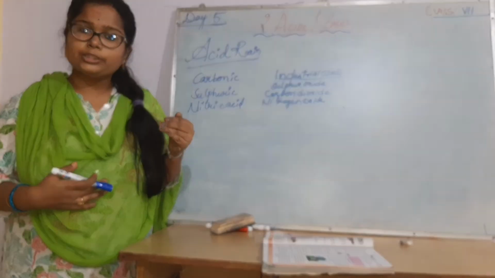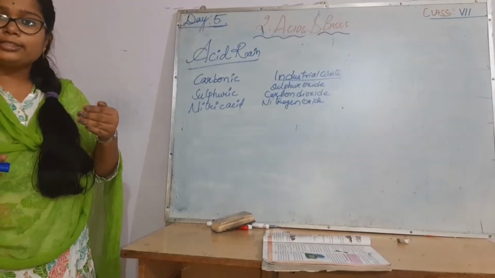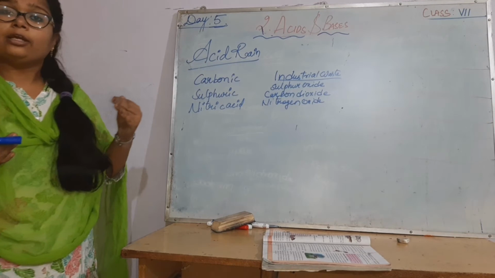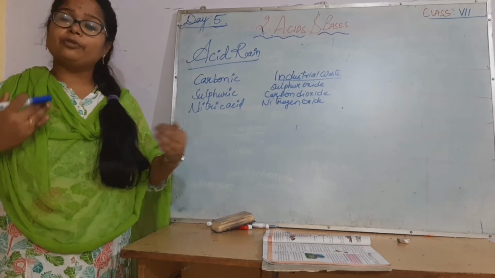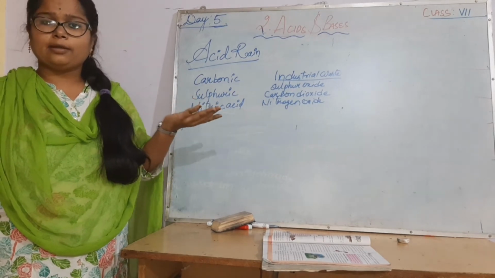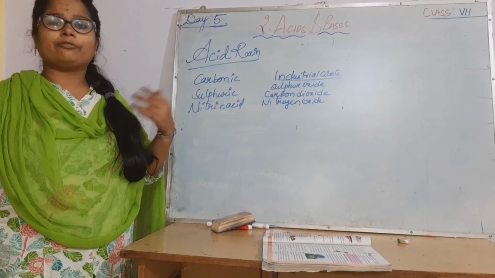As the population is increasing, the pollution is increasing, the industrial waste is increasing, everything is increasing. Yes or no? Yes. Day by day, these are increasing. Due to the release of industrial wastage, there are some chemists who look after these things.